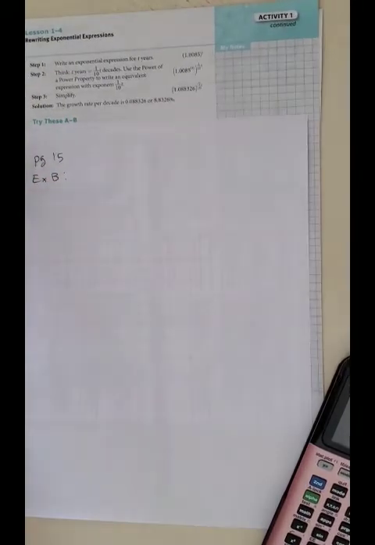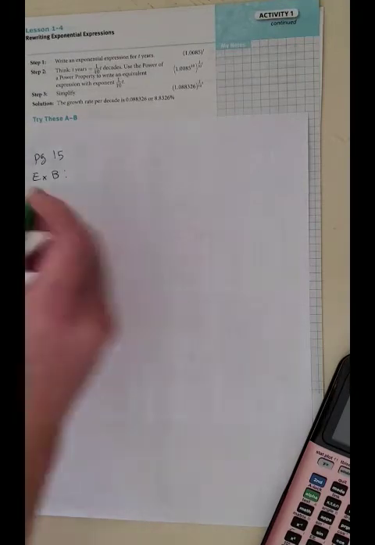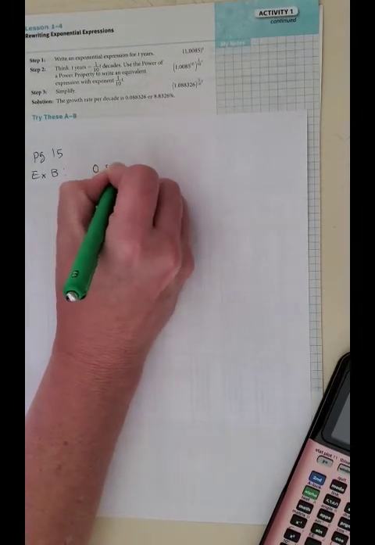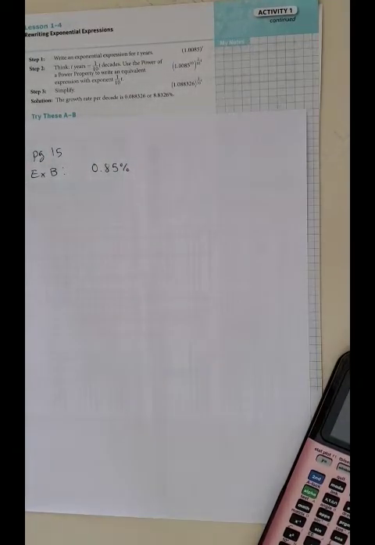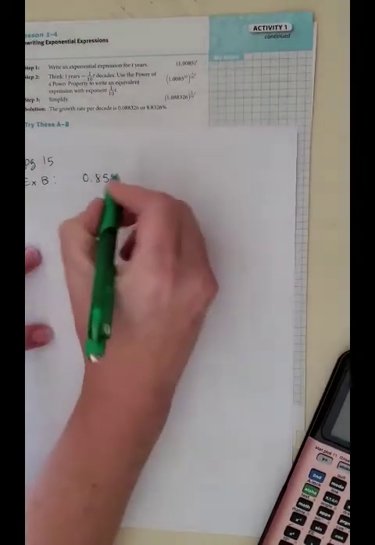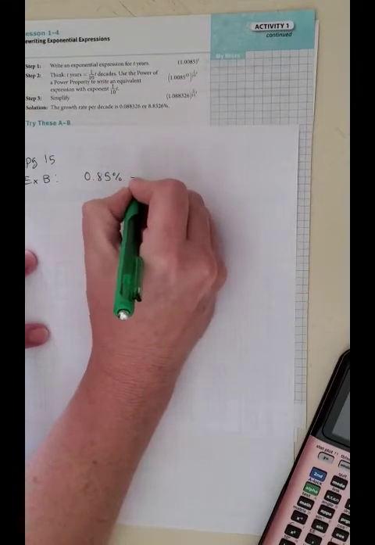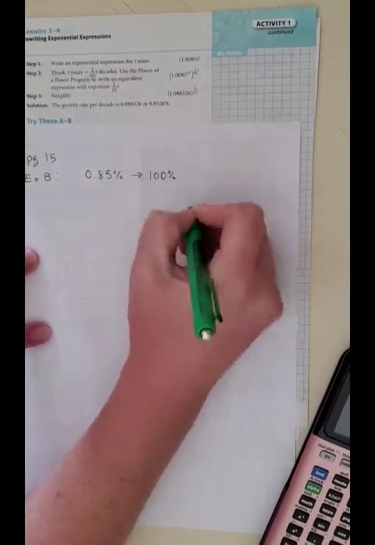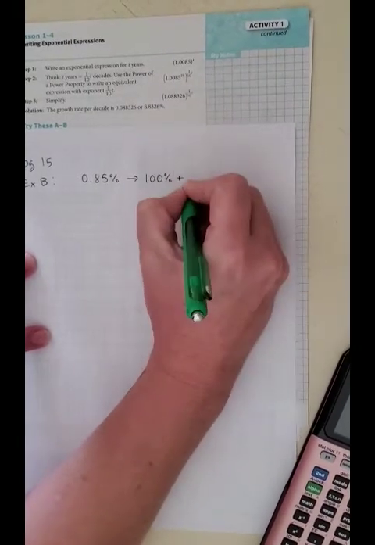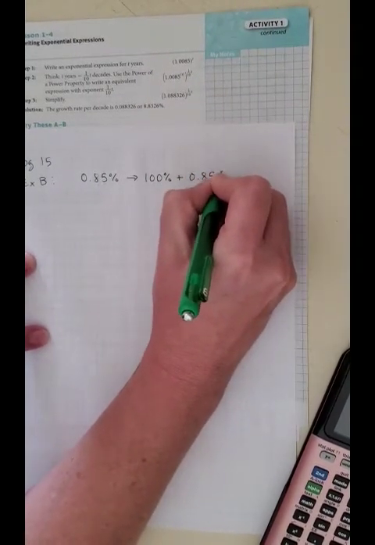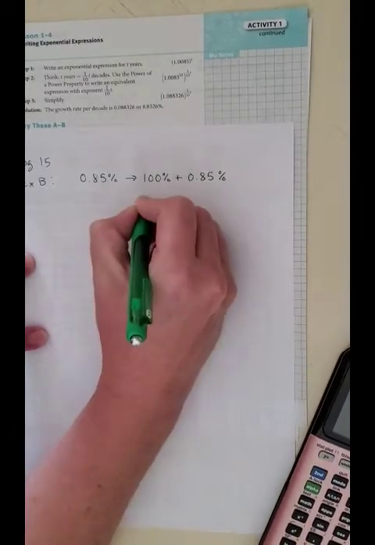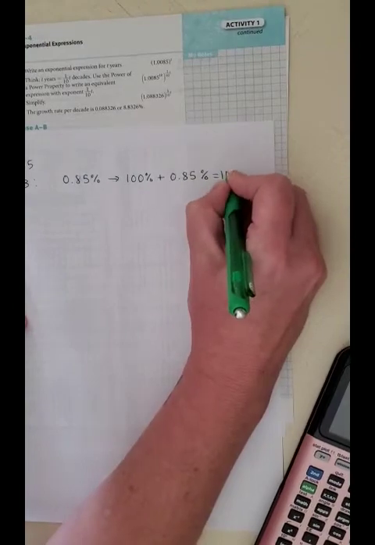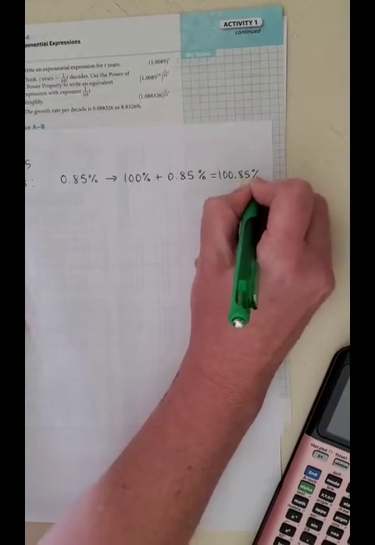And remember that our growth rate annually was 0.85%. Again, growth rate means it's growing. We have 100% of our initial population. To that, we're adding 0.85%. So that would give me my growth rate of 100.85%.